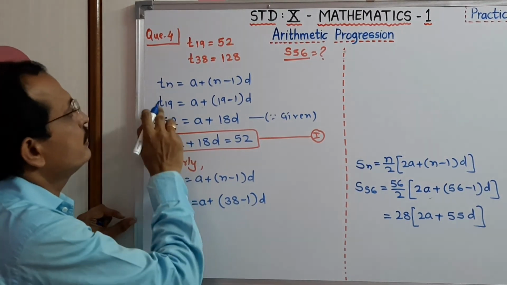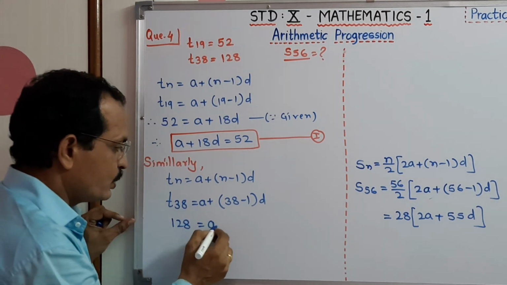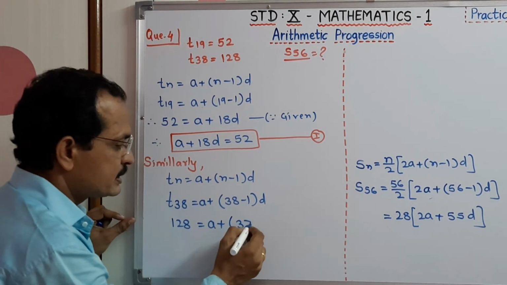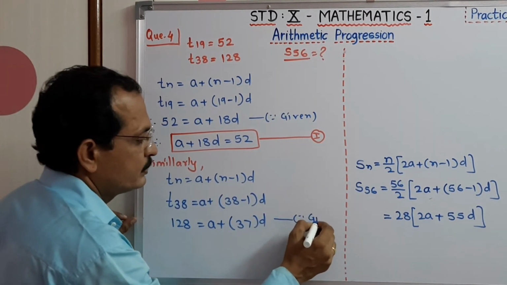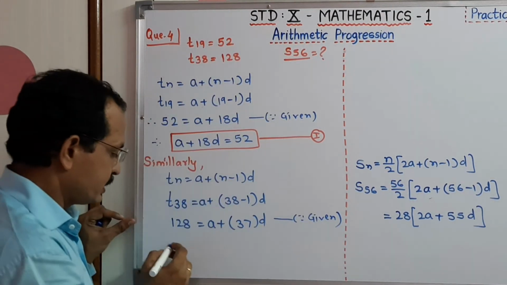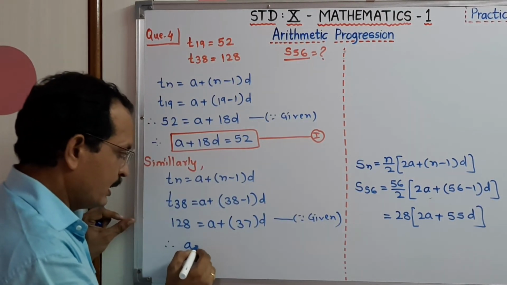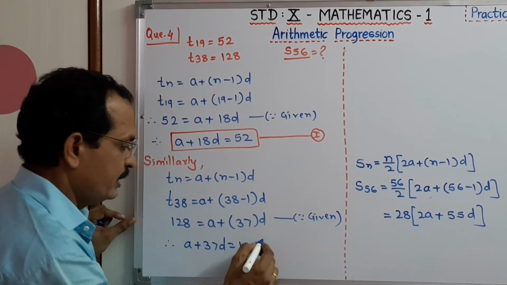Now T38 is how much? 128. So 128 is equal to a plus 37 into d. That means T38 is 128, it is given. Therefore we got a plus 37d is equal to 128.